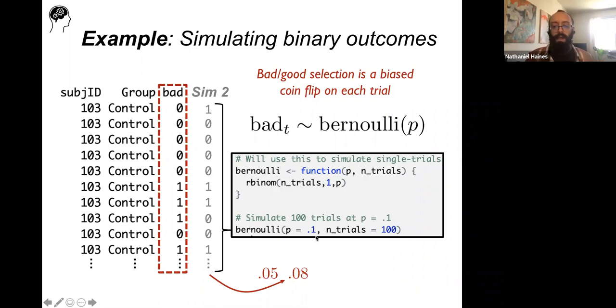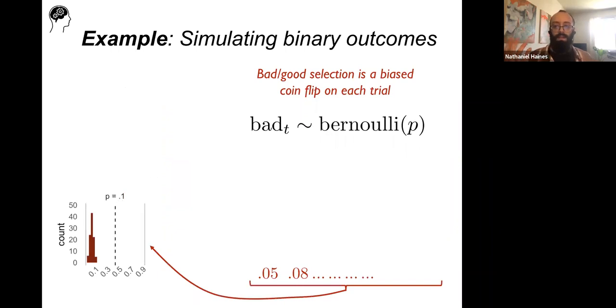We could do this over and over again, and we would end up with a bunch of different observed proportions of bad decks selected, despite the fact that p was equal to 0.1 in all of these cases.